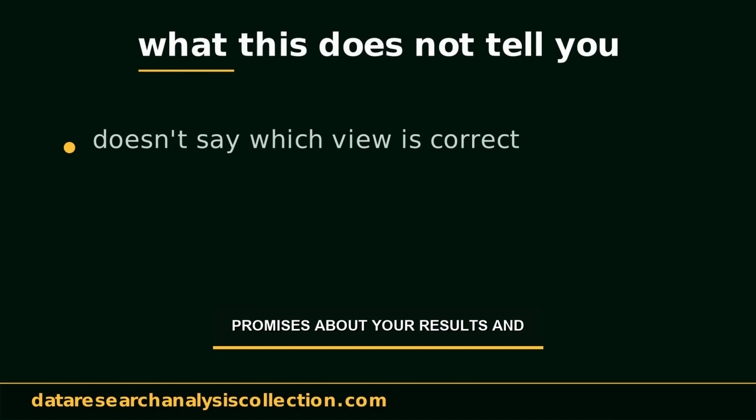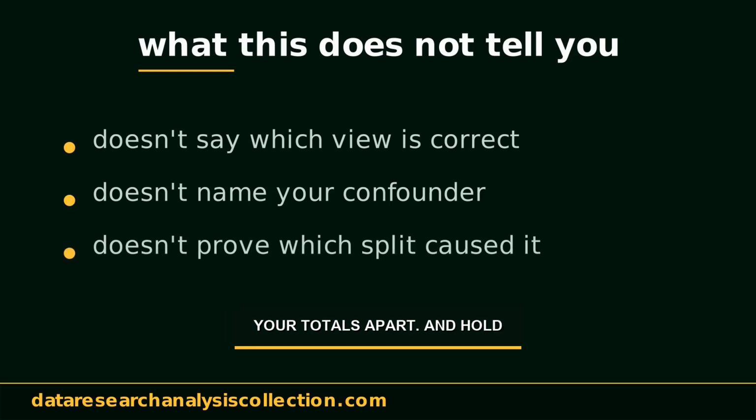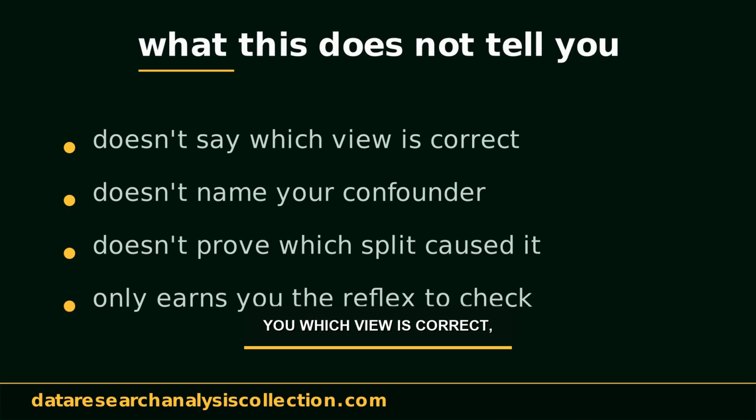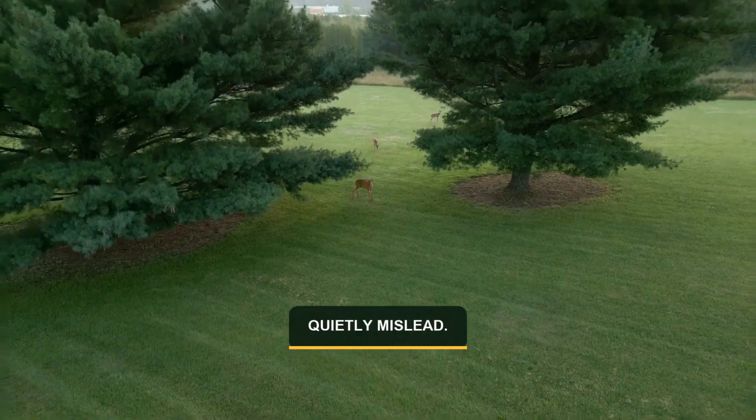No promises about your results and no pretending that one clever split settles a messy business by itself. Read it slowly with your own dashboard open beside you and start breaking your totals apart and hold the whole idea in proportion. Simpson's paradox does not tell you which view is correct. It only warns you that the total and the parts can disagree and that aggregation on its own can quietly mislead.